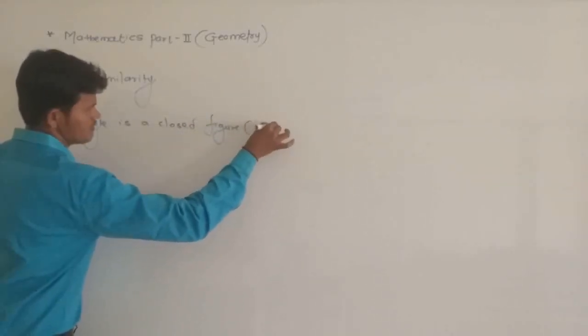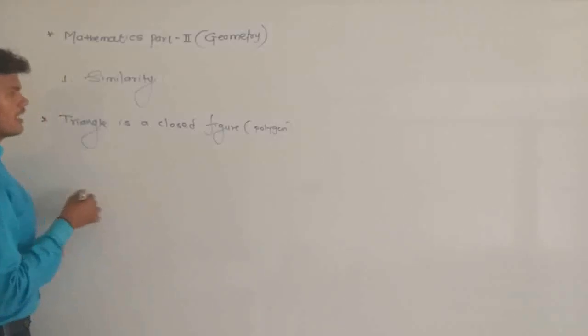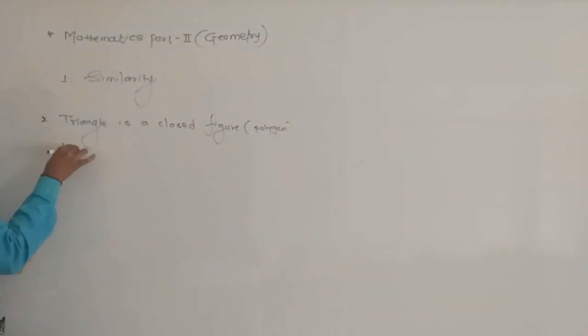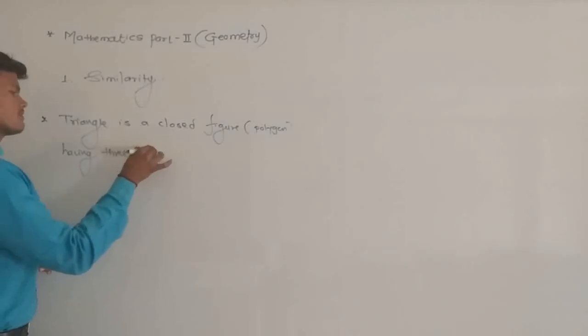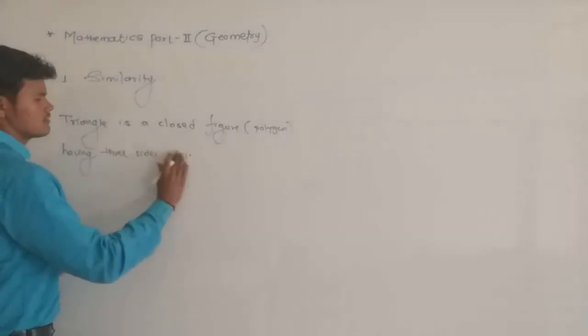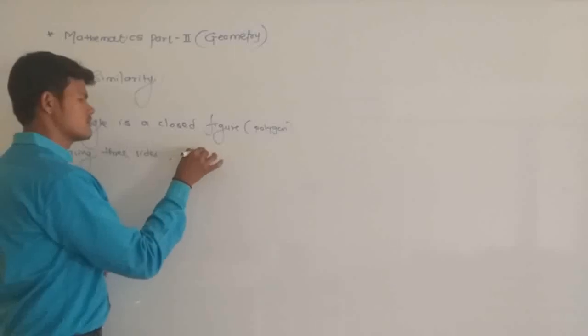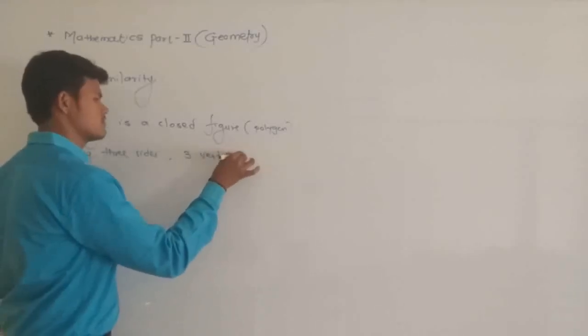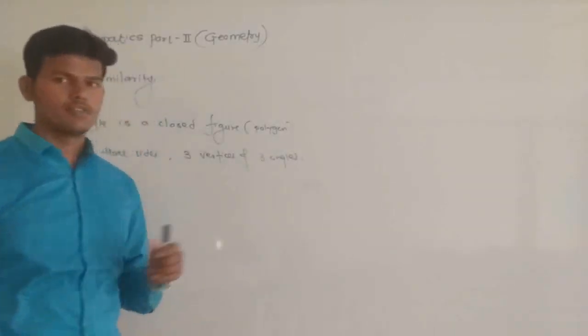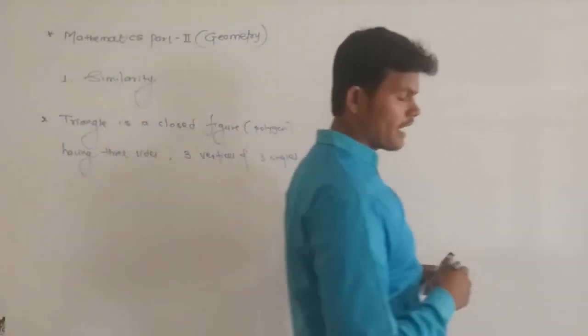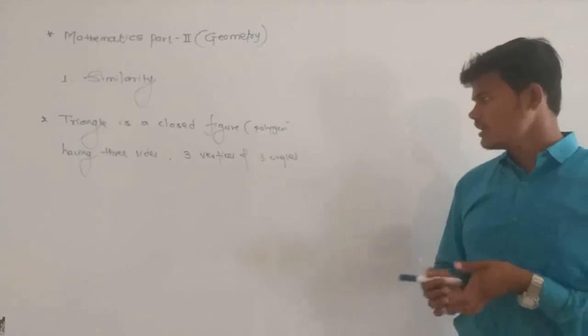Closed figure is nothing but polygon having three sides, three vertices, and three angles. This is the definition of triangles. What is triangle? Triangle is a closed figure having three sides, three vertices, and three angles.